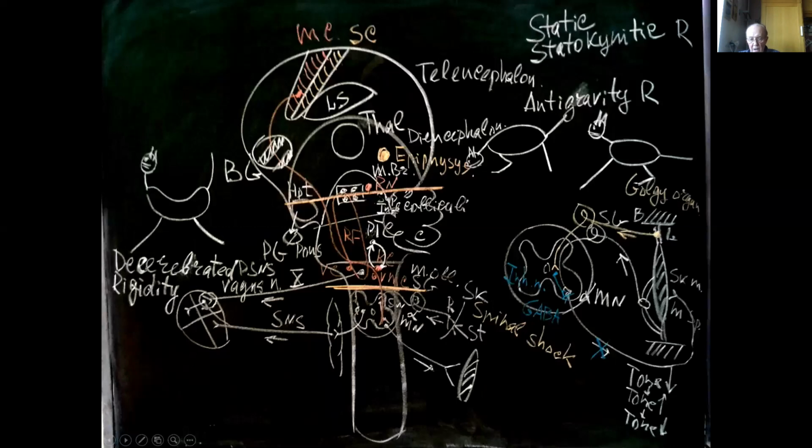And the inhibitory neurons produce gamma-aminobutyric acid. This is the inhibitory mediator, and they inhibit the alpha motor neurons, and the excitation can't conduct to the muscle, the muscle stretches out, and the tone is decreased.